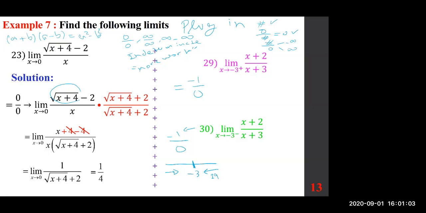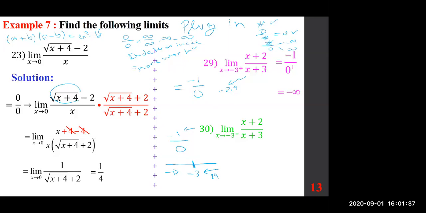So when you look at number 29, -3 from the right is like -2.9. Literally, if you replace this with like -2.9 and add it to 3, it gives you 0, but it gives you 0 from the right. Why is this important? When you divide a number by 0, you end up with infinity, okay, class? It's just that, is it negative or positive? The top is negative, the bottom is positive, so it's negative infinity.